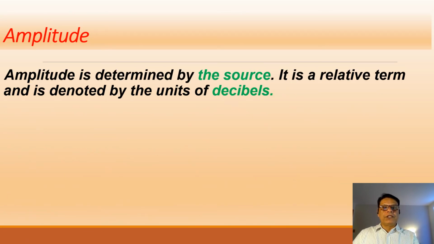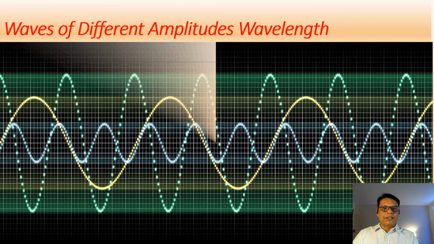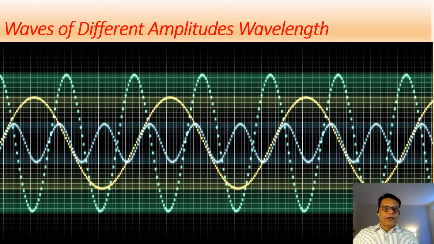So amplitude decides what will be the amplitude of the wave. It is decided by the source, and it's a relative term, hence its units are described in decibels. So in this image, you are seeing different waves of different amplitude.